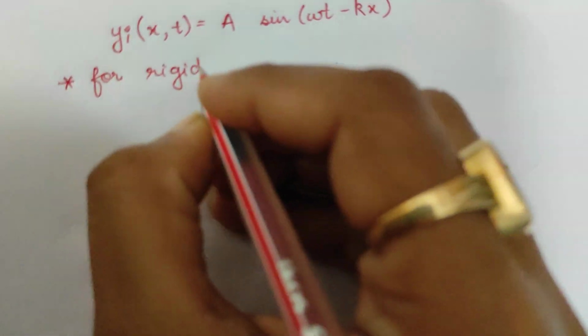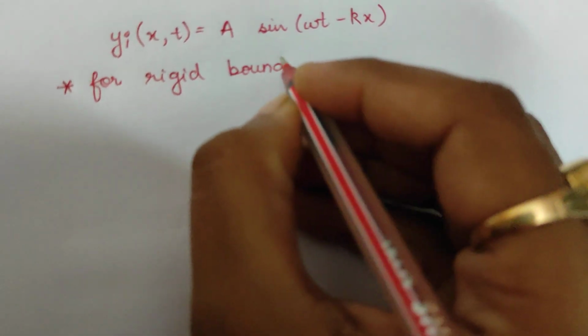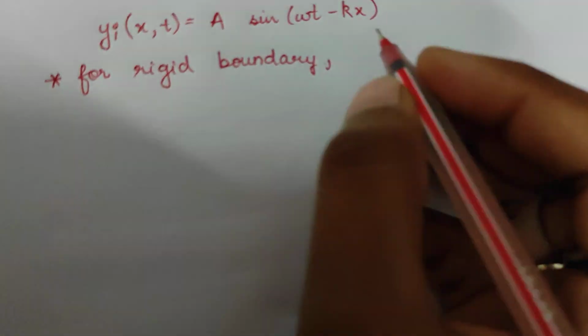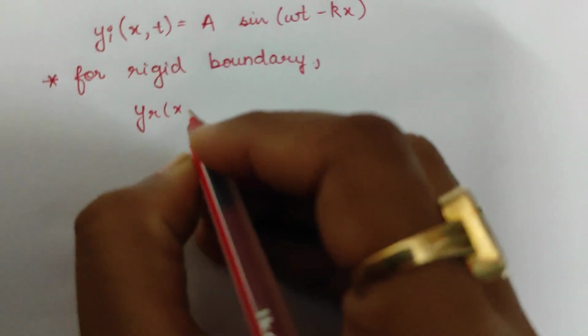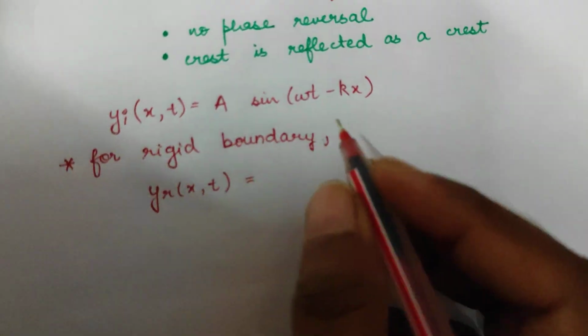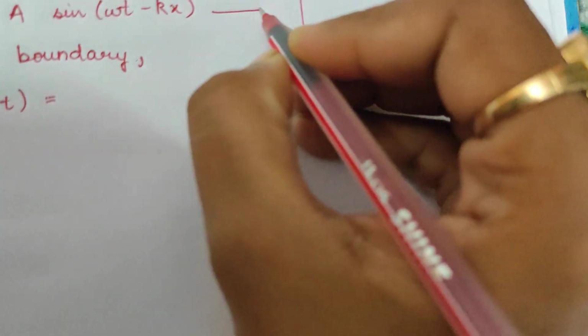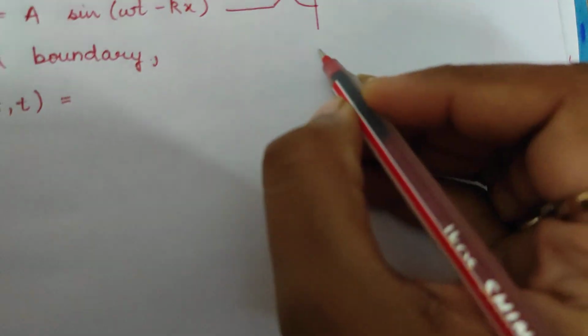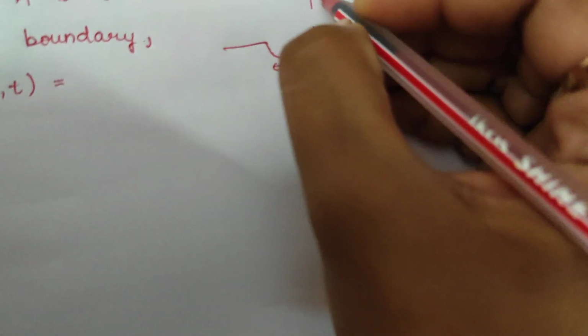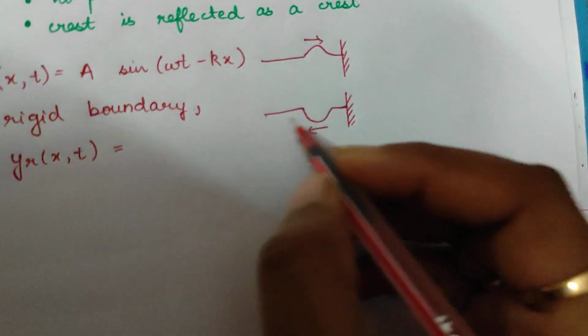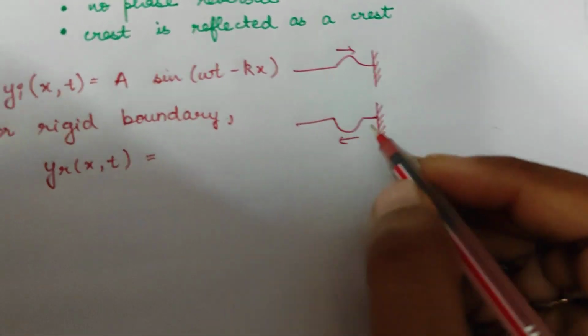Now if you remember the first case, for the rigid boundary, how can we represent the reflected wave y(x, t)? If you remember, the reflected wave travels in the opposite direction as well as suffers a phase reversal.